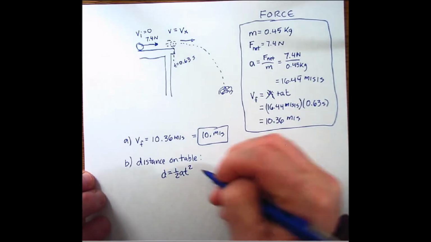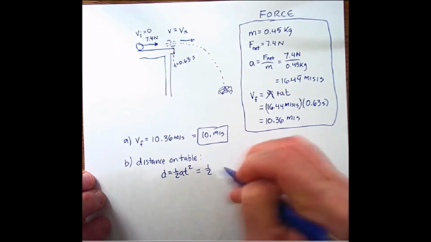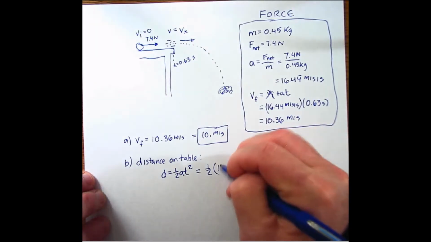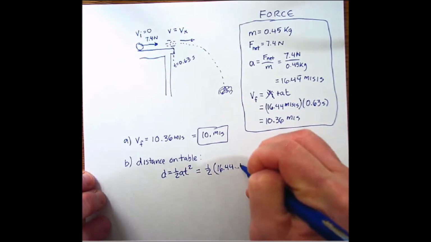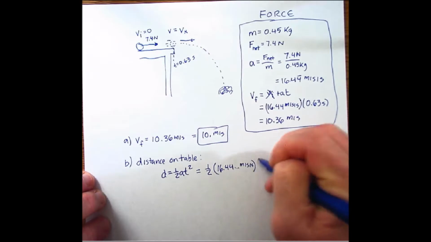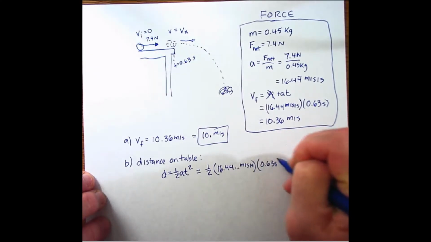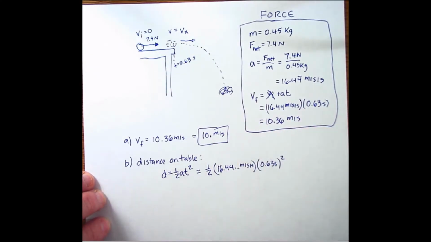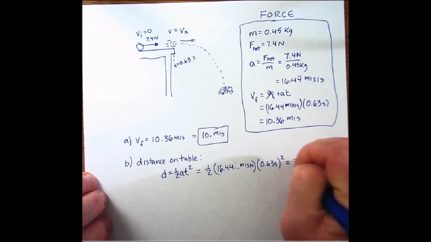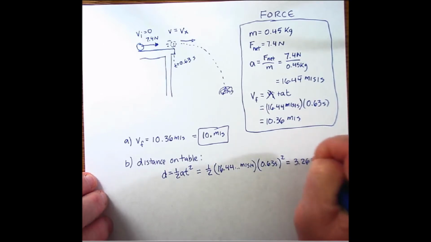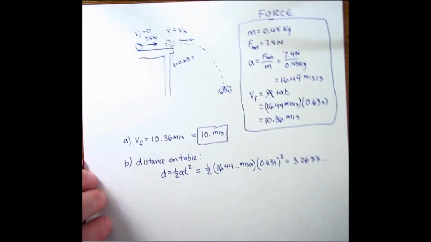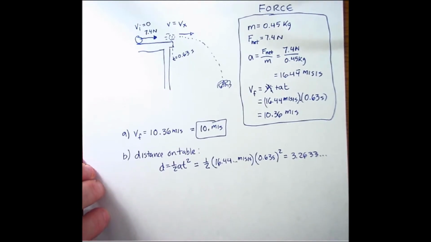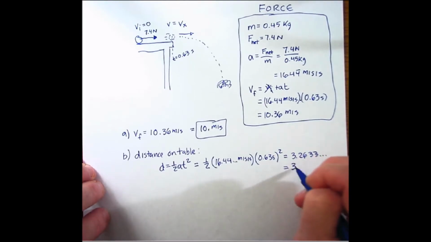So when I do that, I'm going to take 1/2 times 16.44 meters per second times 0.63 seconds squared. When I punch that in my calculator, I get 3.2633 meters, and with my sig figs, that is going to be 3.3 meters.